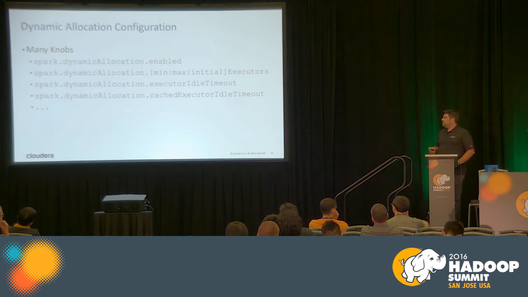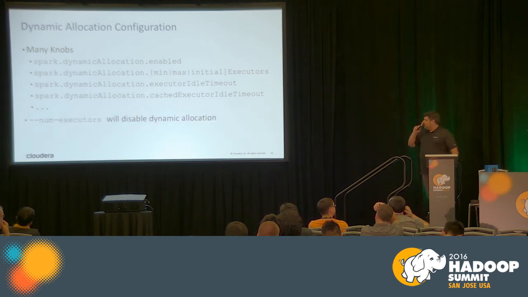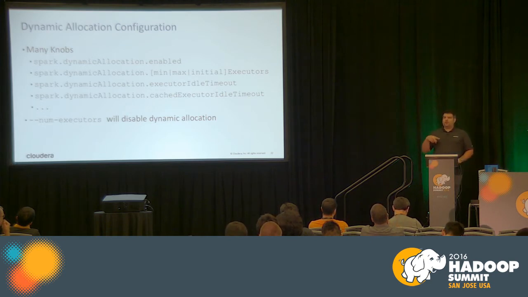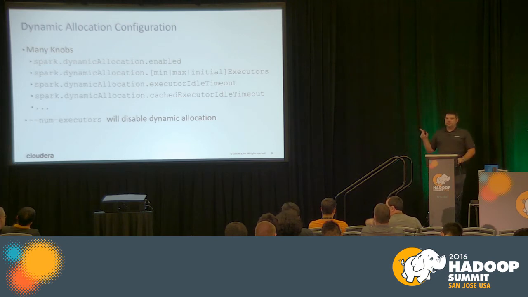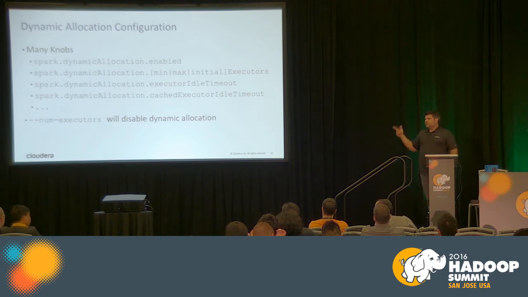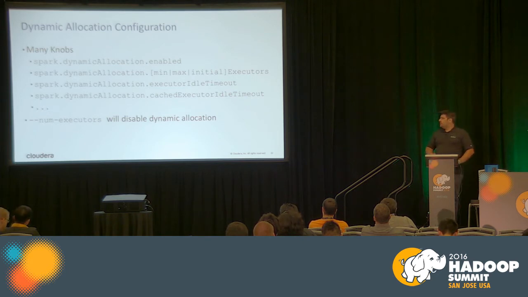You can take a look at the docs. And if you specify num executors, this will disable dynamic allocation. There's actually a warning that will get written out. So this is really for legacy. If you basically are saying I want this number of executors, and your admin by default has set up dynamic allocation, as in the configuration for everyone has to use dynamic allocation, if you actually say num executors or the equivalent in SparkConf, it will disable dynamic allocation and just allocate the number of executors that you specified.